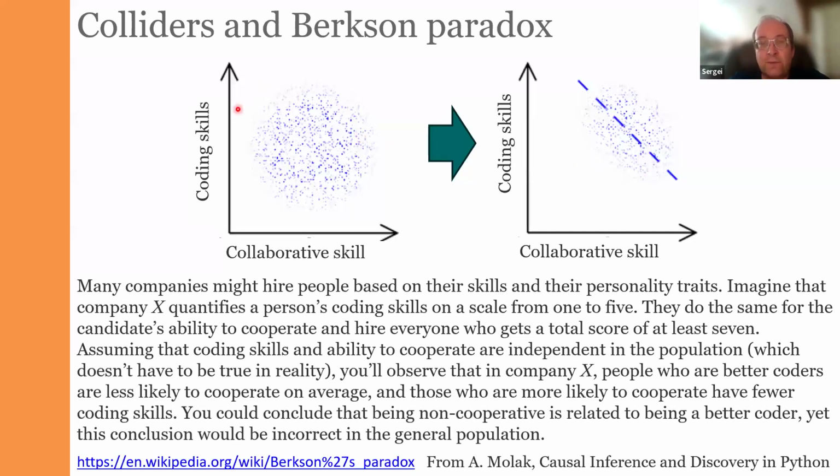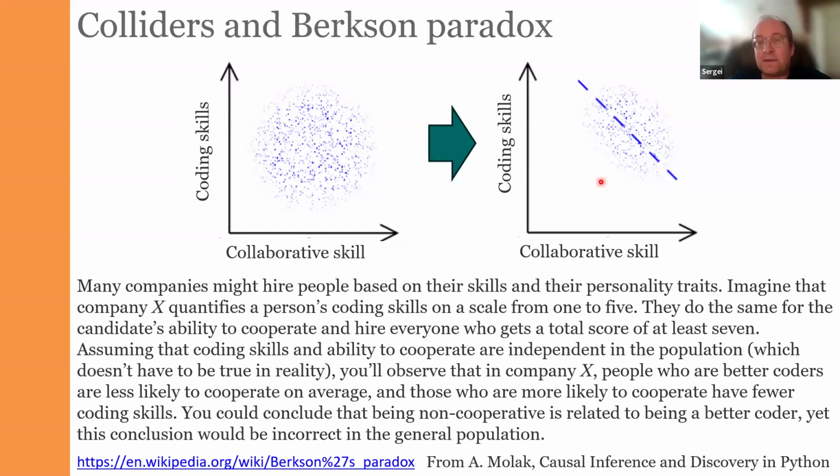Because if we assume that in the original population, our total workforce, there is no relationship between the coding skills and collaborative skills, just by definition, if we hire people based on the sum of these components, then in our hired team, they would be anti-correlated.